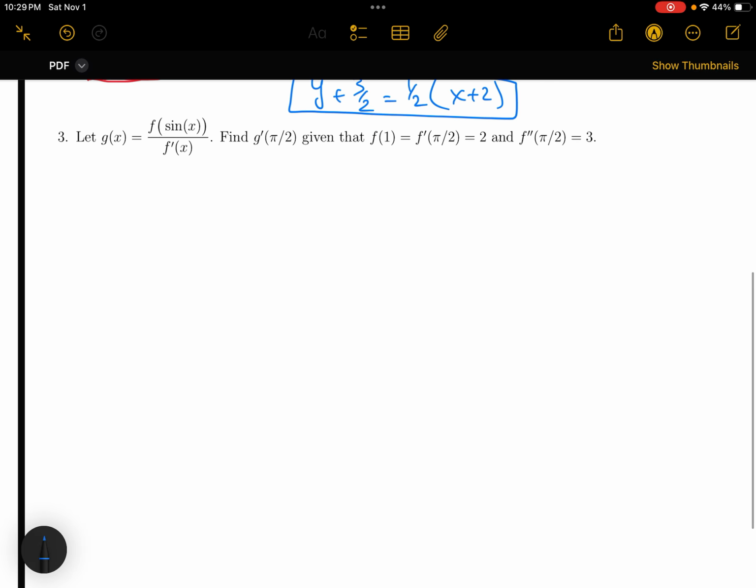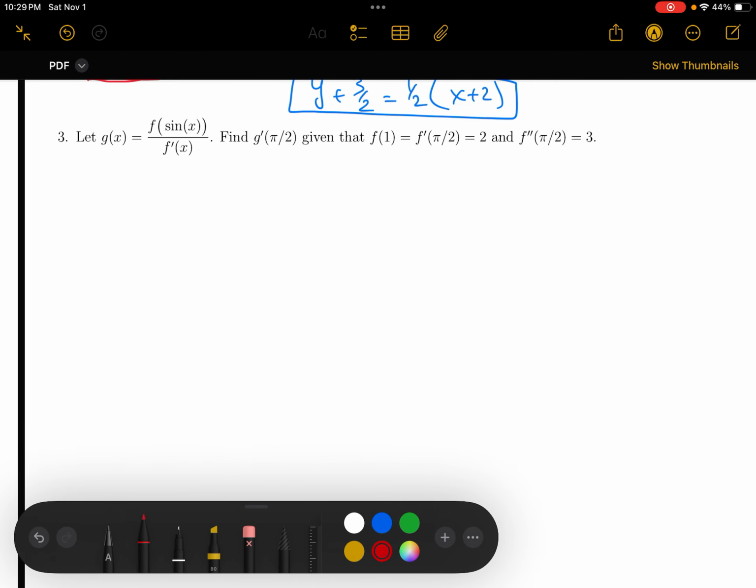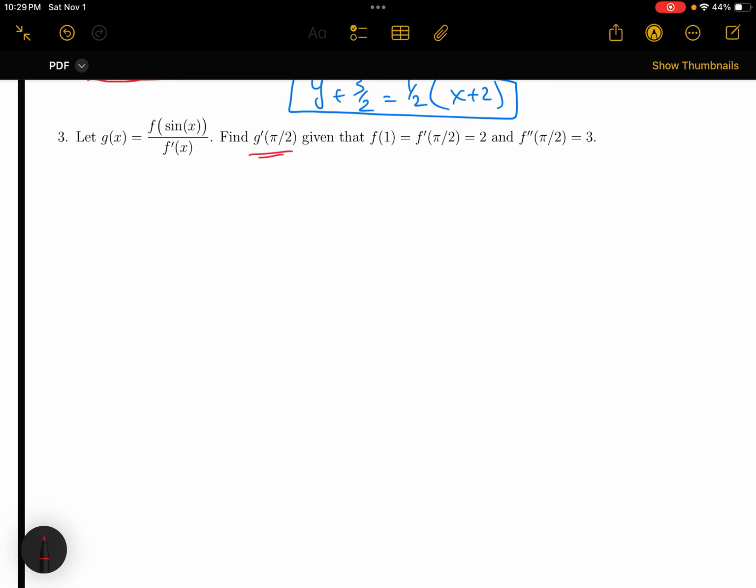Okay, moving on. Now we have to find g prime and evaluate it at pi over 2. Explicitly I don't know what my function g nor what my function f is, but I'm given this information right here. So in order to find g prime at pi over 2, first I have to find g prime. Now let's look at the function g.